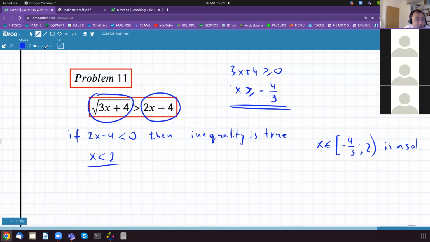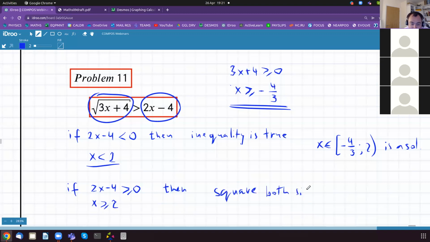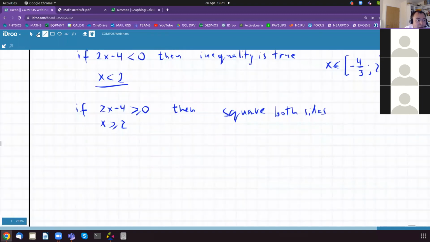What if 2x minus 4 is greater or equal to 0? That means x is greater or equal to 2. Then both sides are positive. Then we can square them. Square both sides. As long as they're both positive, you are allowed to square them.